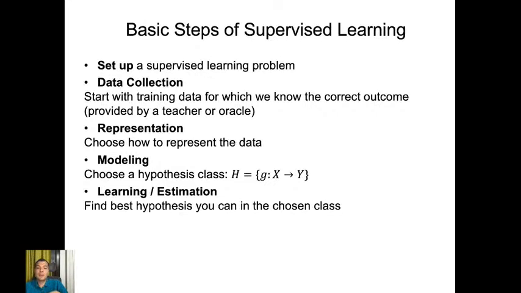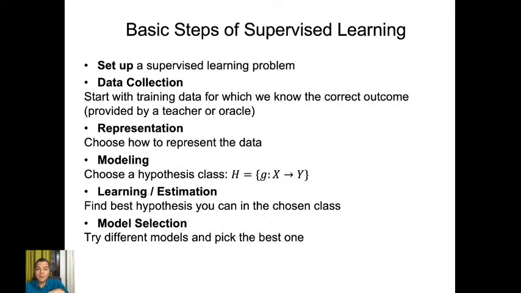The hypothesis class is just a class of functions that can map x to y, and when you do the learning, you actually get one function that maps your data points x to y that optimizes your performance. So actually the performance evaluation is tightly coupled with the learning.